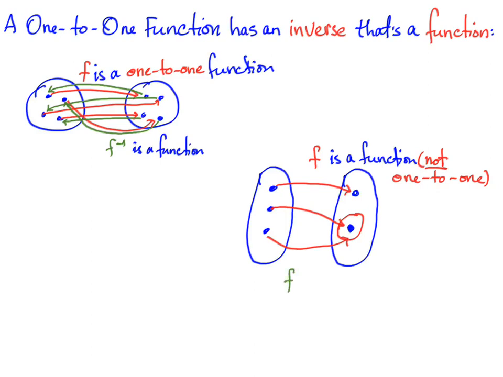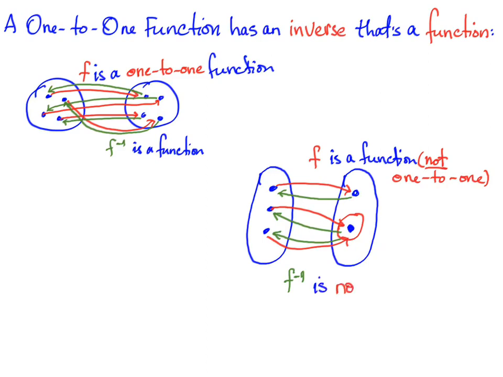Then if we want to look at the inverse, let's reverse all the arrows with green arrows. The first dot has only one green arrow that comes out of it. But the second dot has two green arrows leaving it. So there's an input on the right that has two outputs associated with it on the left, because it has two arrows coming out of it.